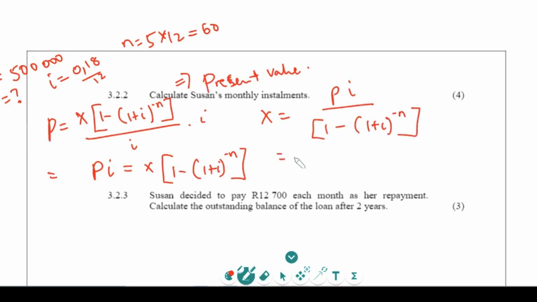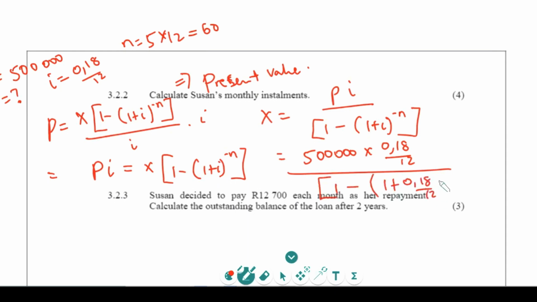Then I'll do my substitution at once. So that is 500,000 times our interest rate, which was 0.18 over 12. Then I'll divide this by 1 minus 1 plus 0.18 over 12 to the exponent of negative 60. Boom.